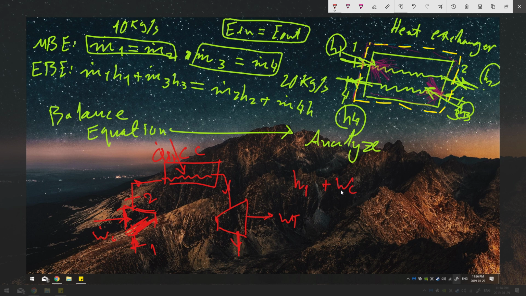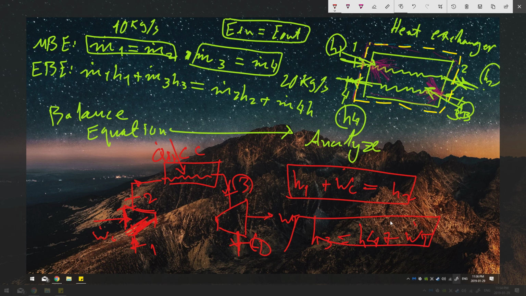Plus WC, this is for the compressor, equal to H2, right? It's very simple. Now you can analyze any device that you have in your system, right? Same thing goes with a turbine. This is 2, 3, and 4, right? So H3 is going to equal H4 plus WT, the work output of the turbine. Done. We have the EBEs for both the compressor and the turbine, right?